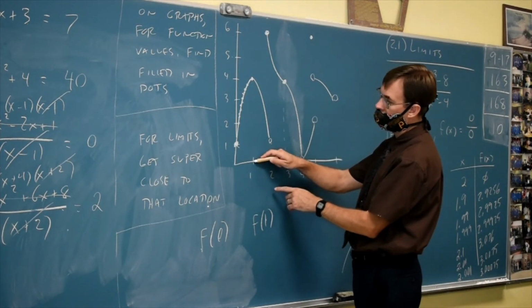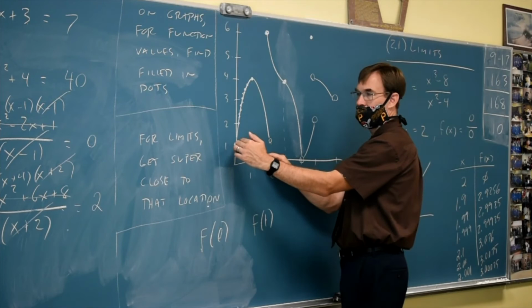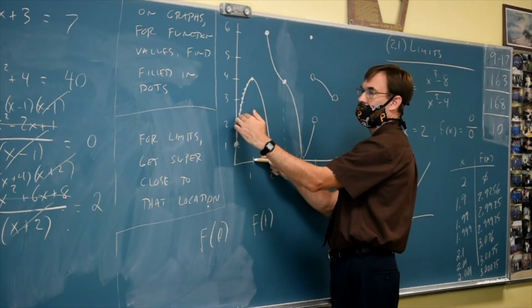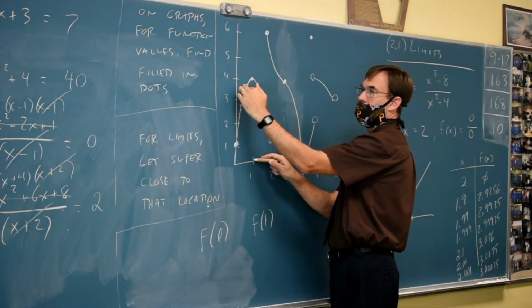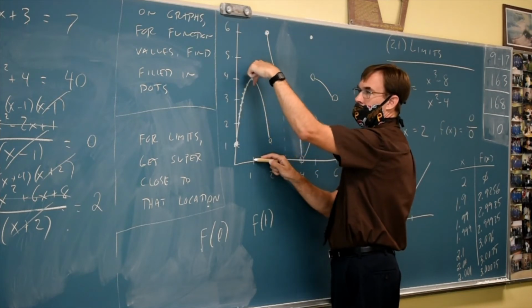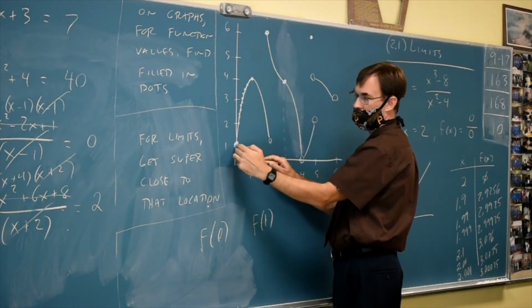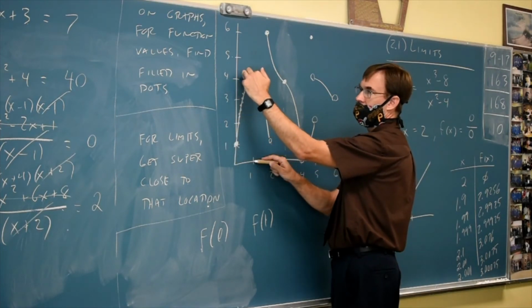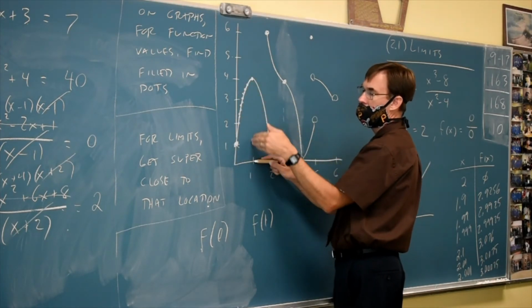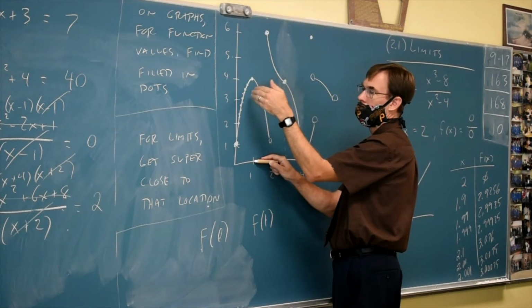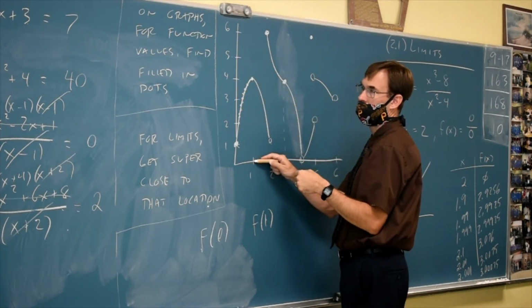But at 1, what you're trying to do is imagine you're like a spider walking on this graph. You're coming in from the left. You have an ability to keep track of what you're lined up with. As you're the spider walking on the graph from the left, and you get close to lining up with 1, how high are you?